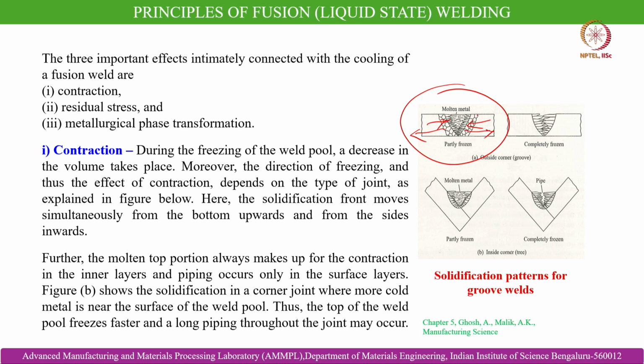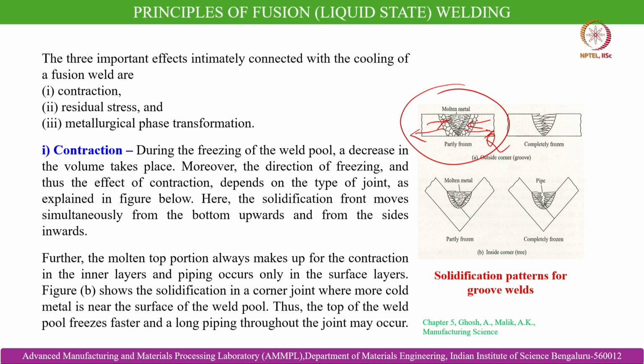Assume this is the mold wall, in the region where a micro casting is happening in the weld pool. Because the heat removal direction is outward from the melt pool boundary, the columnar grains grow opposite to it, inward from the melt pool boundary. This is the direction of growth.